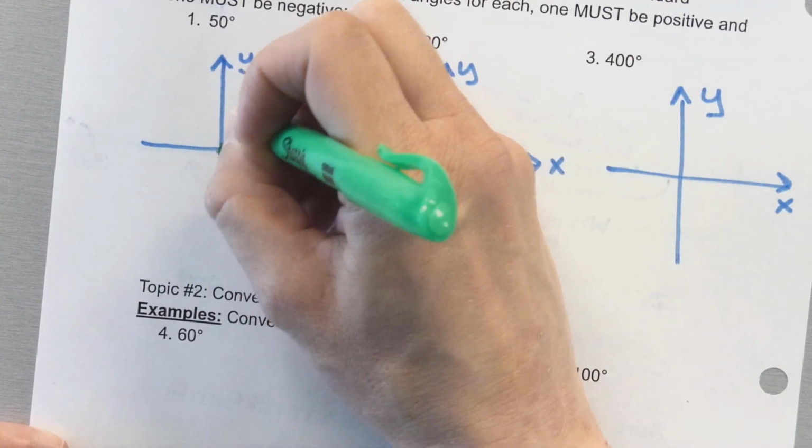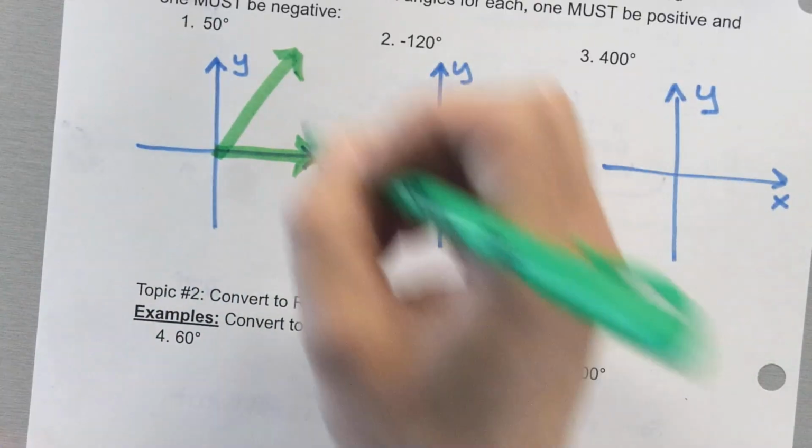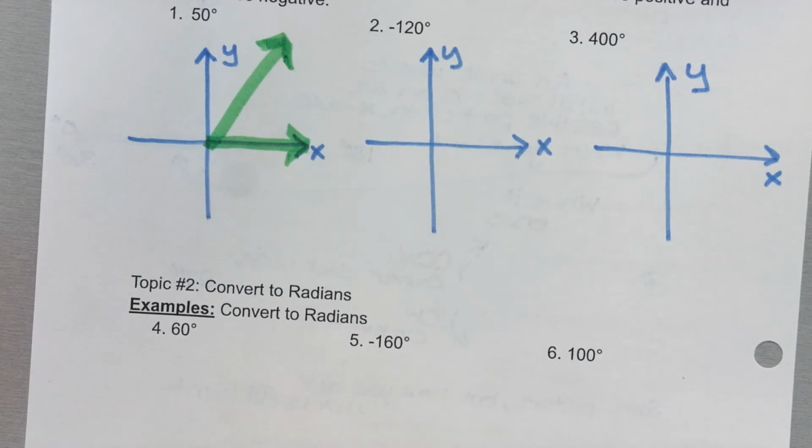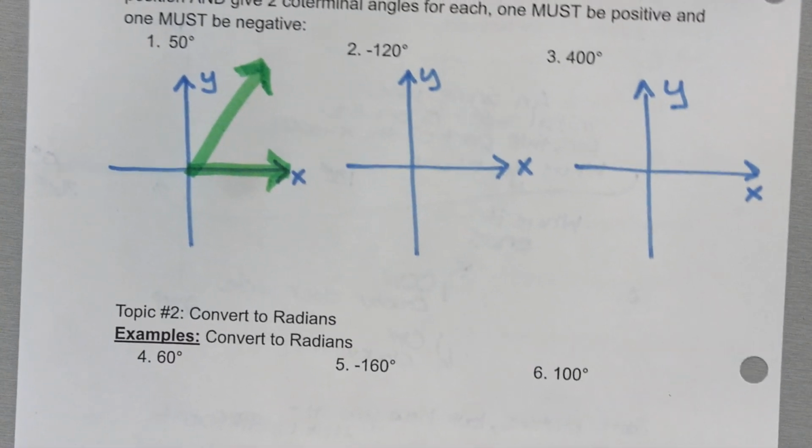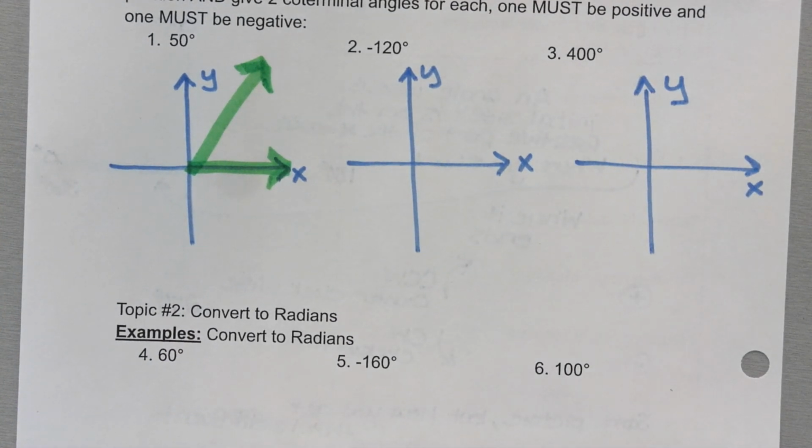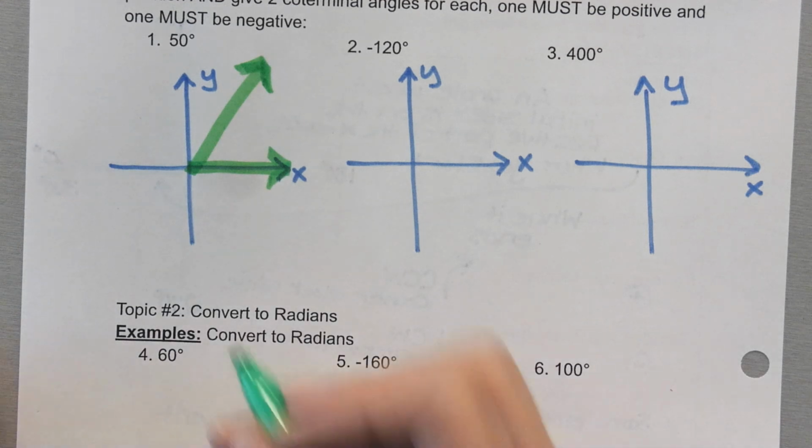So I'm going to draw an angle that looks a little over halfway. I'm not going to get out a protractor and measure and say, oh, that's actually 52 degrees. That's wrong. We're just estimating. We're making it look like it's about 50 degrees. We're making an educated guess.